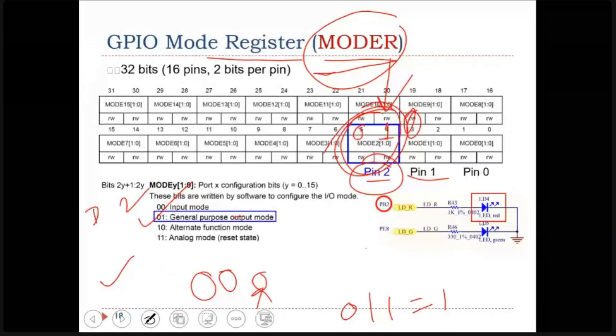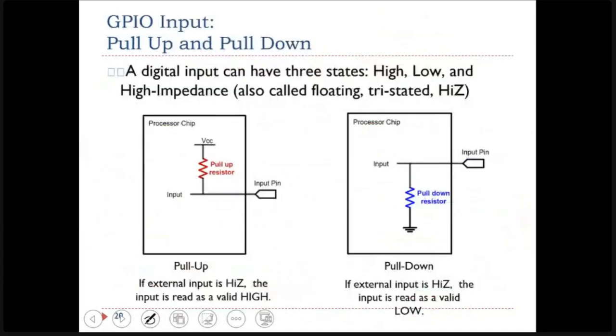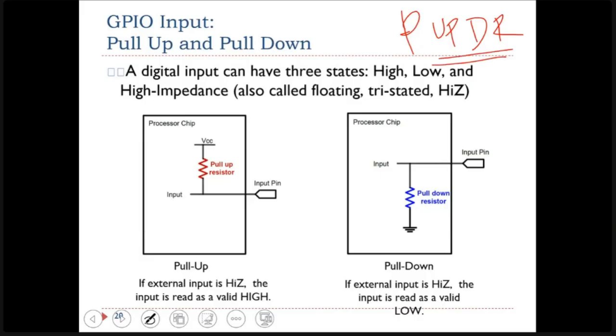In the last module, you saw that there's one more register you need. That's the PUPDR register, the pull up, pull down register. And it actually defines what type of resistor you're connecting internally to your pin. Is it a pull up or is it a pull down? So internally, why do you need to connect it with a resistor?